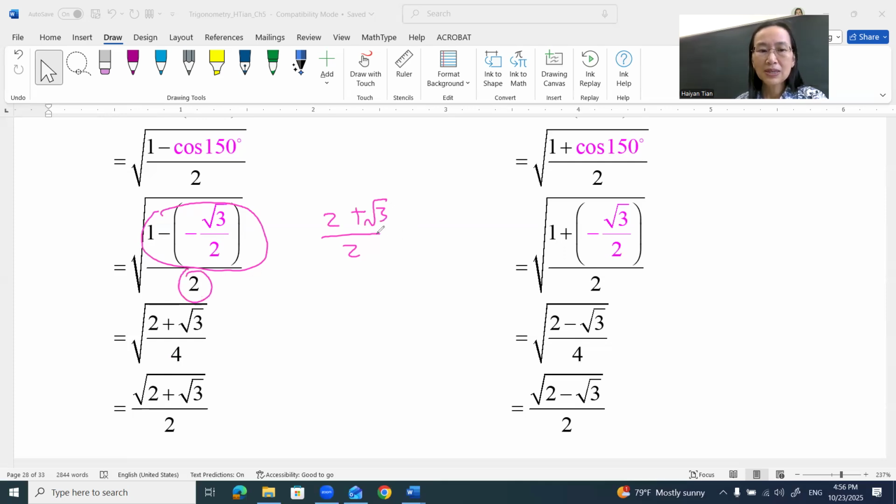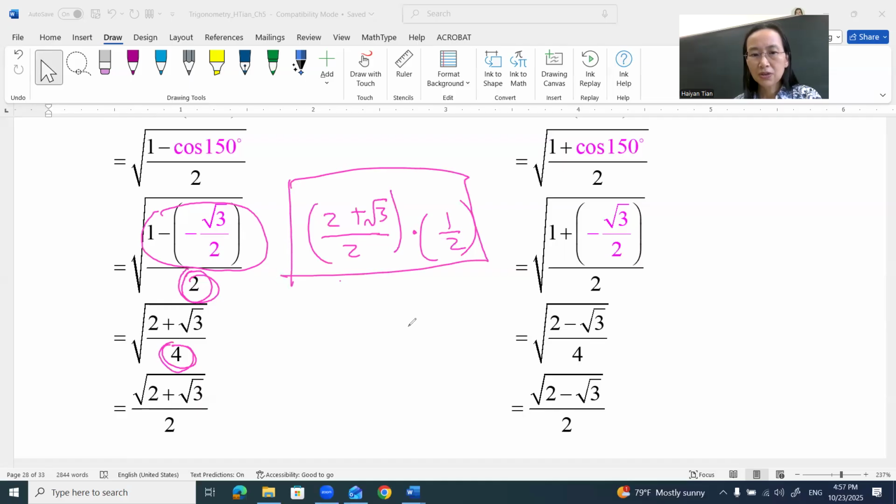Remember, when you divide by 2, it's the same as multiplying by a half, right? So this numerator divided by 2 is the same as multiplying by a half. That's why we have this 4 now in the denominator. If you multiply these two things, you get 4 in the denominator, and the numerator is simply 2 plus square root of 3, and the whole thing is under the square root.